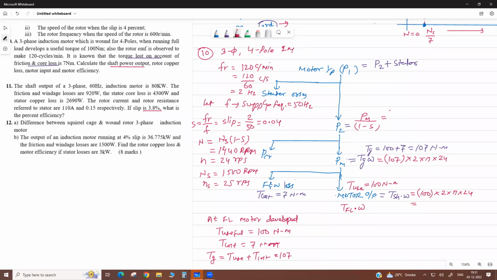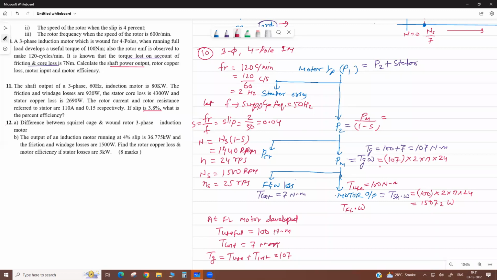Then we can calculate this because slip is given. So you know, 2 into pi into 24 into 100, my dear, it comes 15,072 watt.